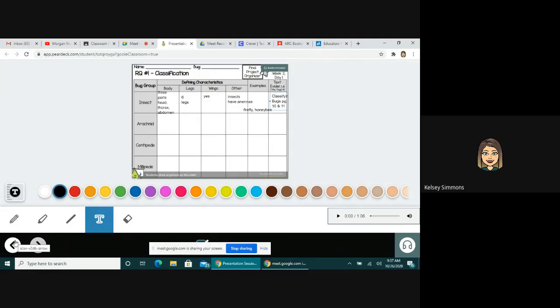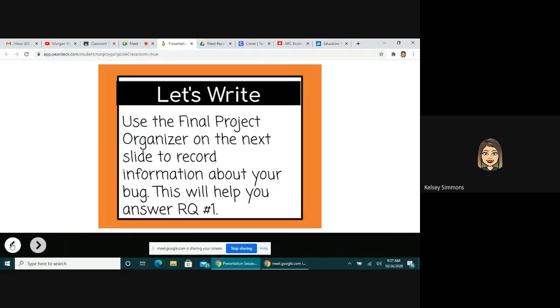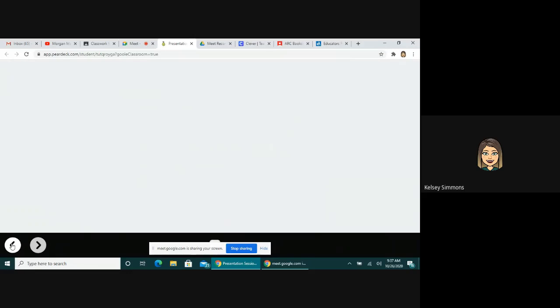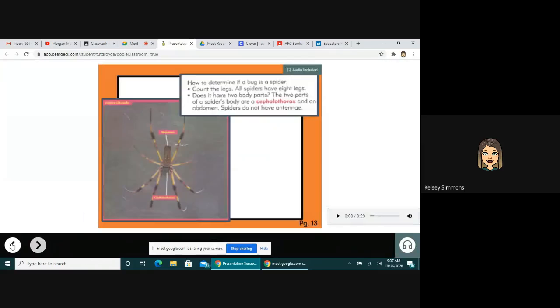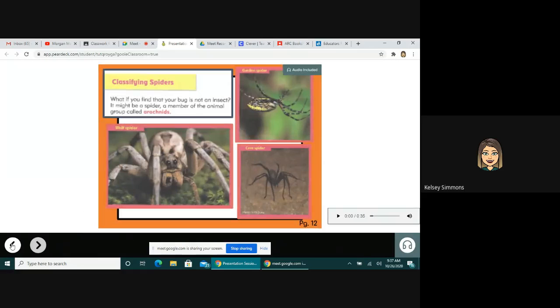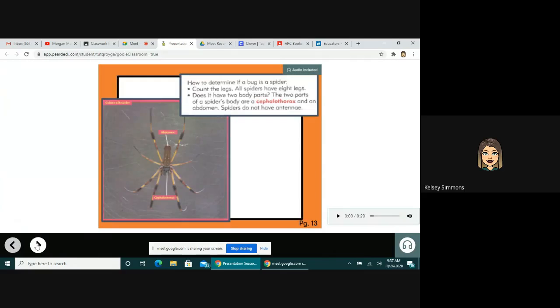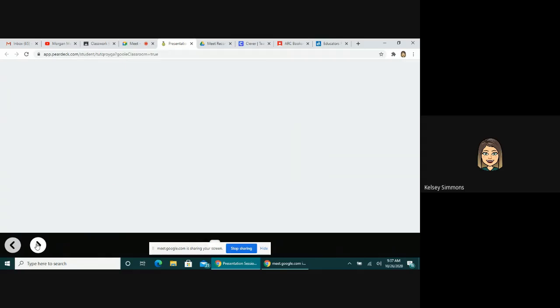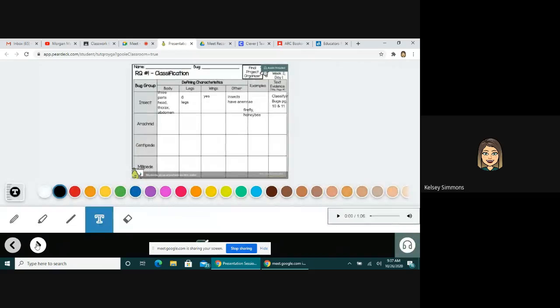If you used a book in Epic or a book on our ARC bookshelf, you can absolutely use that to help you find those defining characteristics. Just make sure you write it in text evidence up here. Remember, you use these arrows down at the bottom to navigate to find the pages of the book that you need. So 12 and 13 are the pages that tell us about arachnids.